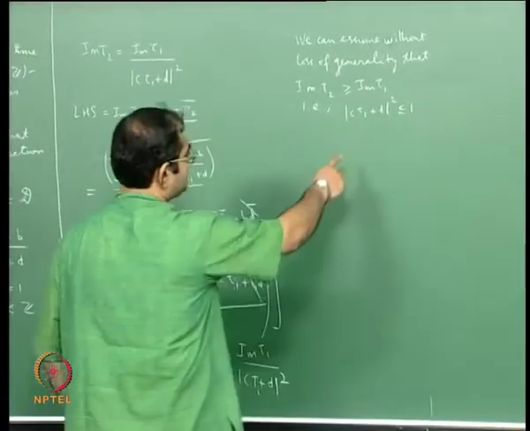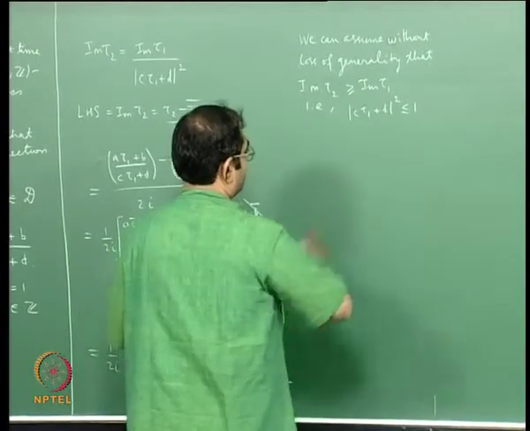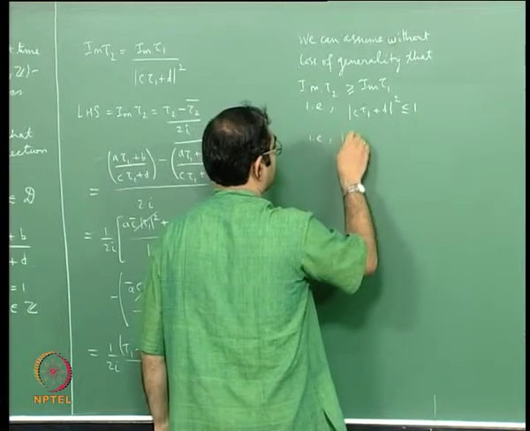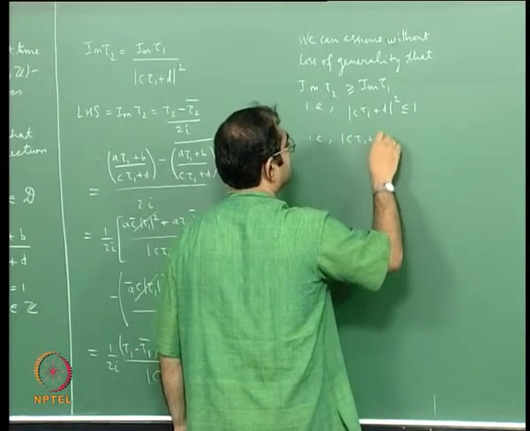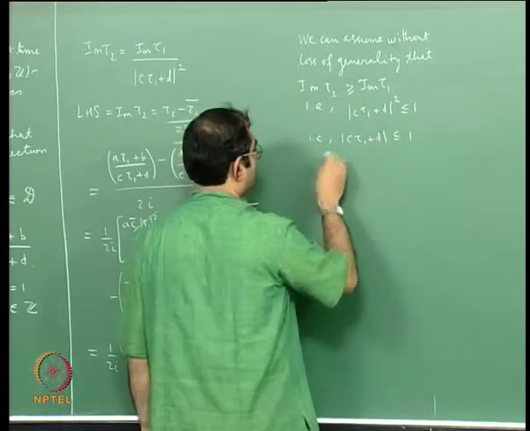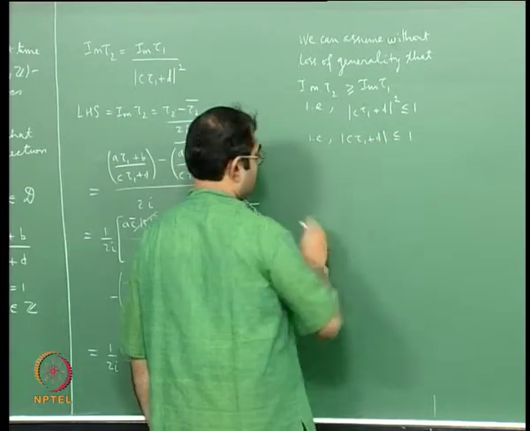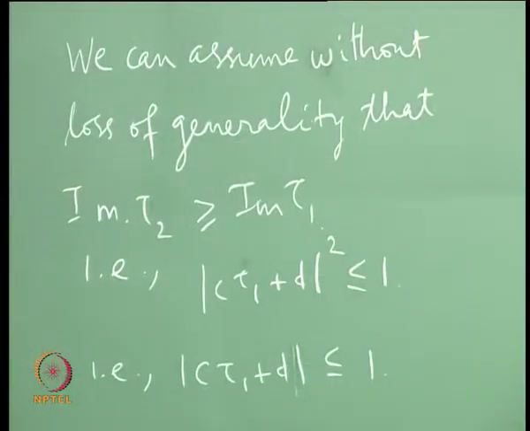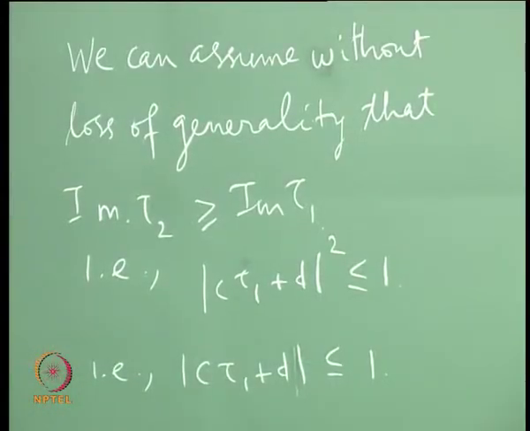Now we will have to look at this carefully. This is the same as saying mod C tau 1 plus D is less than or equal to 1. We look at various cases, specifically the cases when C is 0 and C is not 0.